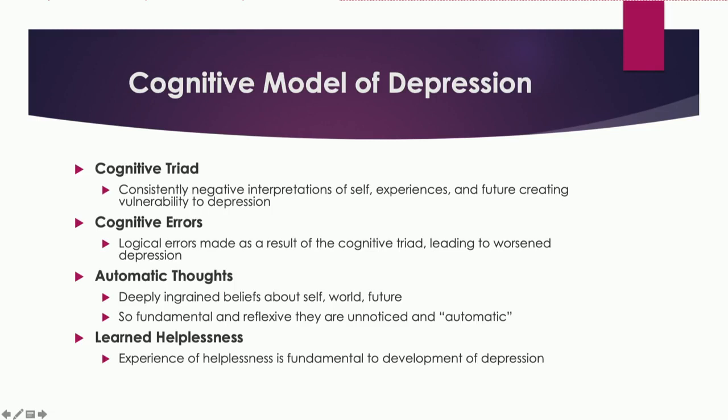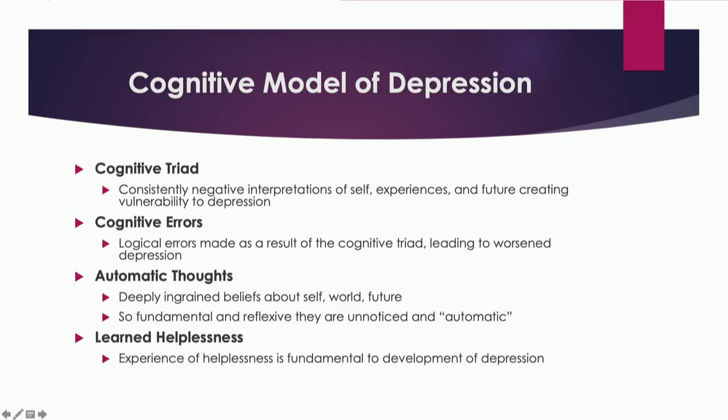Aaron Beck is widely known for his cognitive behavioral theory of depression. According to this theory, depressed people have identifiable patterns of negative thinking. Beck developed the concept of the cognitive triad, which is the notion that depressed people interpret their life experiences, themselves, and their futures in consistently negative ways, and this is what causes the depression.